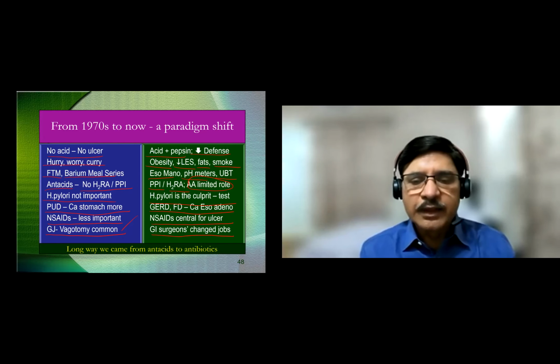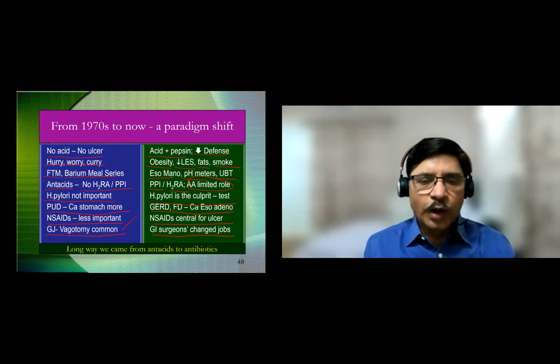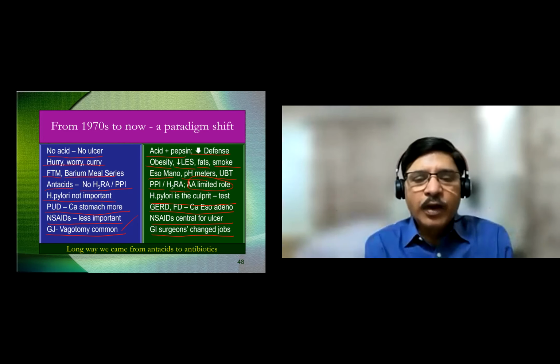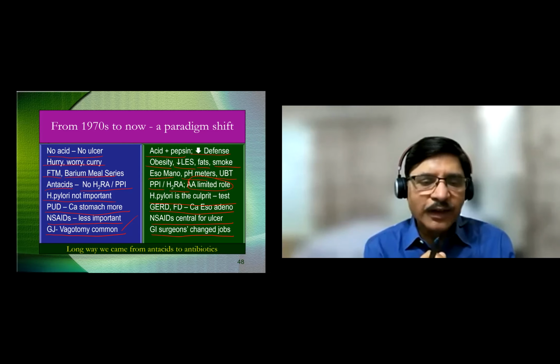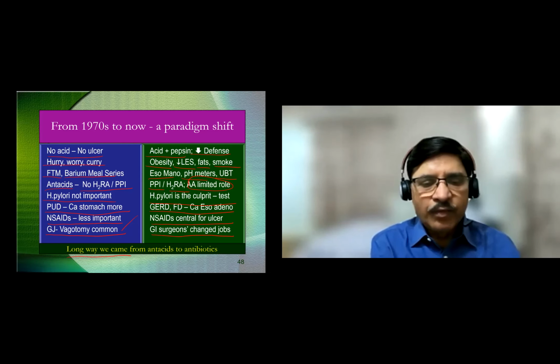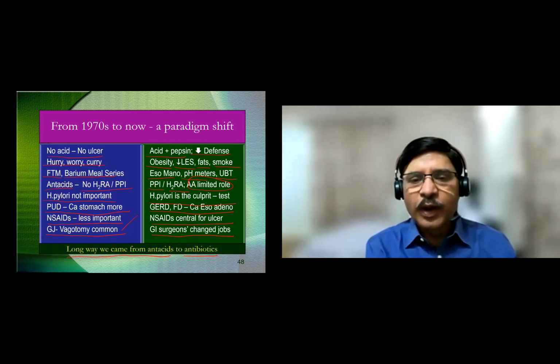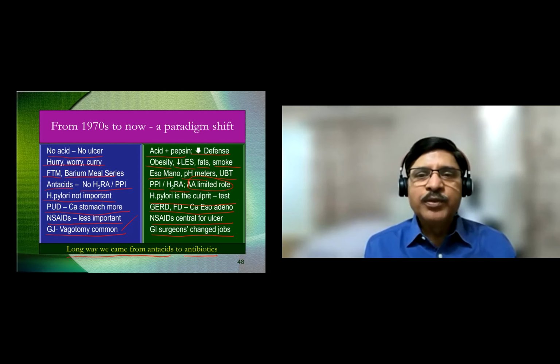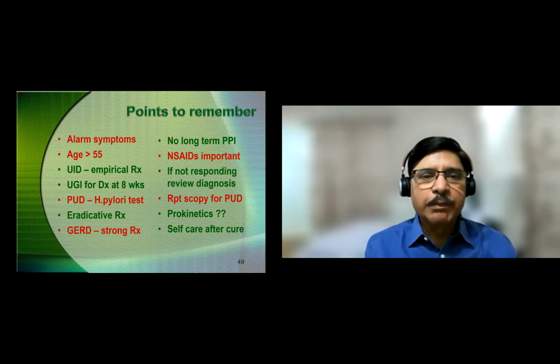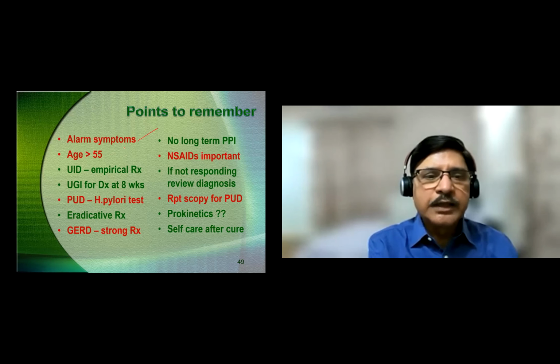GI surgeons have changed their jobs because there is no need for surgery except in hiatus hernia. A long way we came from antacids to antibiotics to treat H. pylori. Okay. Points to remember. Remember the alarm signs, age more than 55.